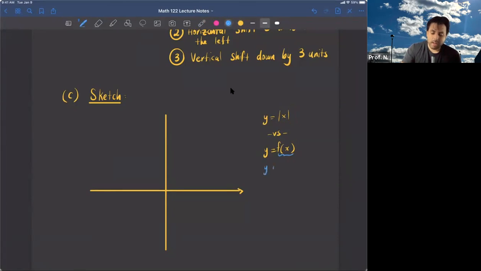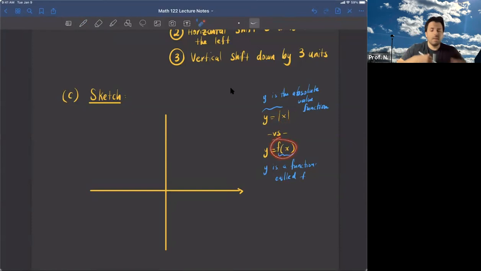This is saying y is a function called f. This is saying y is the absolute value function. So the difference is that this is a specific type of function. This is some random general function, so this is notation for function. This is a particular function. Do you see the difference?